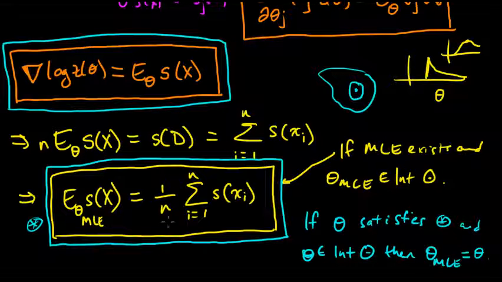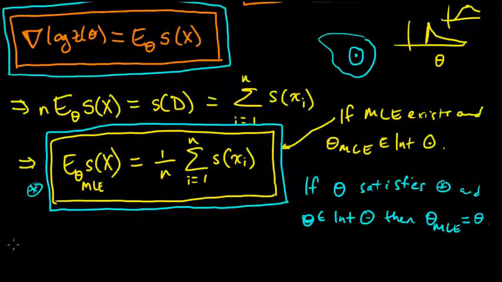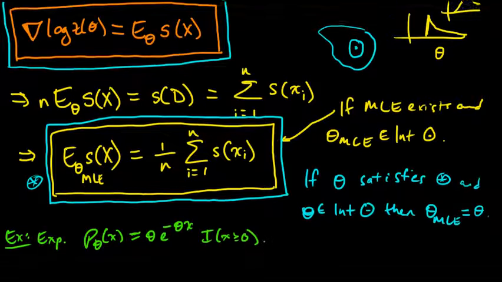And now I'd like to give you a little demonstration of how these are used in a very simple case. So let's take the case of an exponential distribution, our classical example of an exponential family. In that case, we had p of theta of x, everything was just one-dimensional, theta e to the minus theta x times the indicator that x is greater or equal to 0.